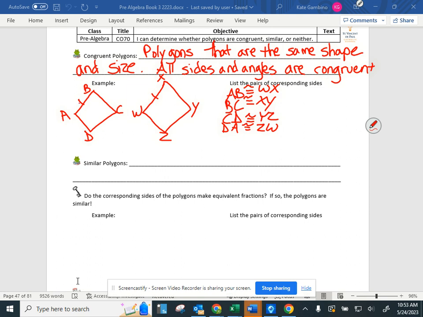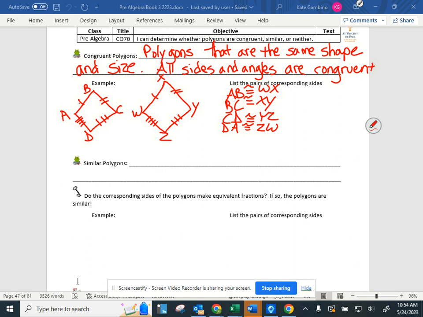So we can say these sides are the same measurement, these two are the same, and these ones are the same, right? They are congruent, they are the same measure, they are the same size. So you always have to match up your sides. Sometimes you might have to flip or turn so you can match up the right side.